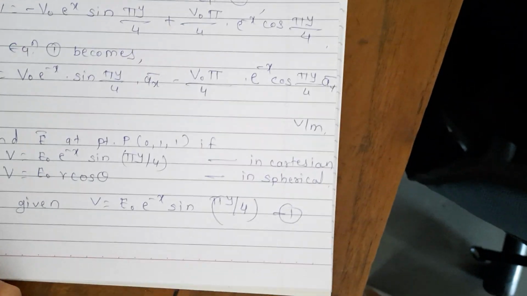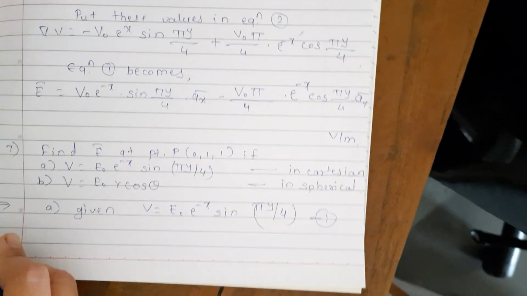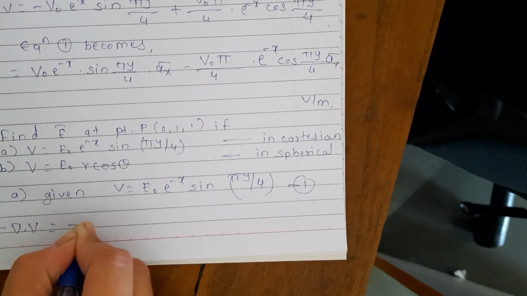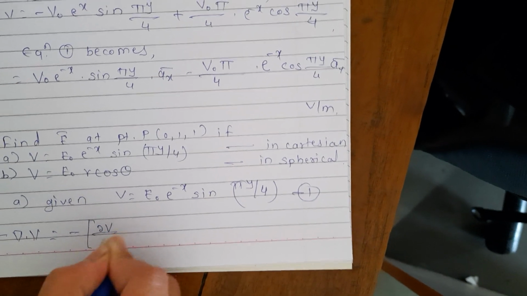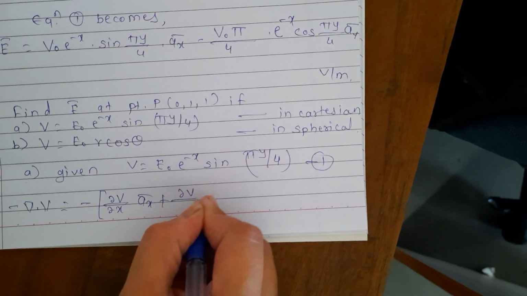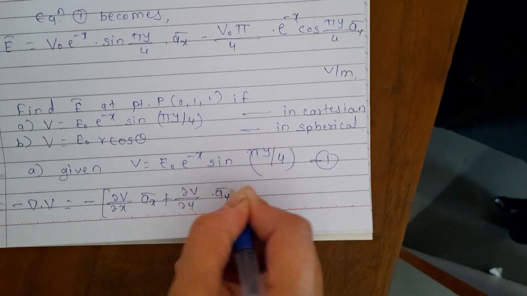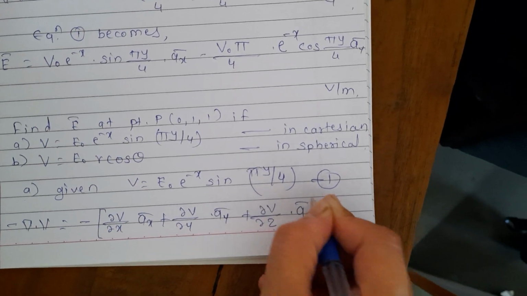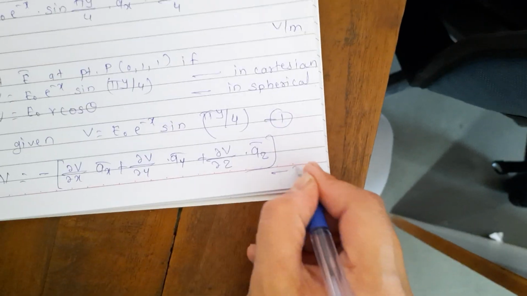Now we have the equation of gradient in Cartesian coordinates, and it is given by minus (dV by dx ax bar plus dV by dy ay bar plus dV by dz az bar). This is equation 2.